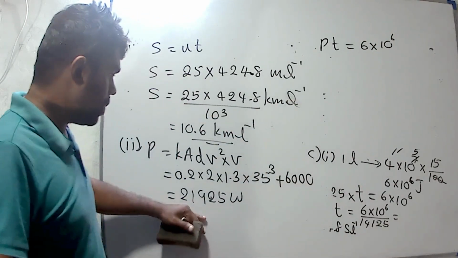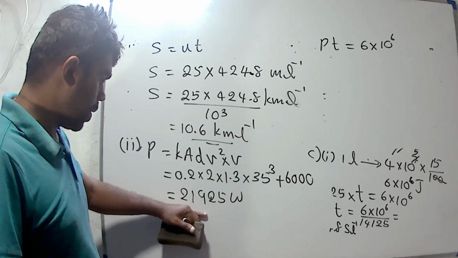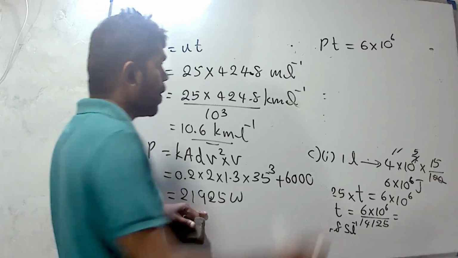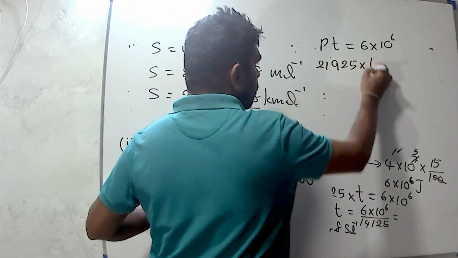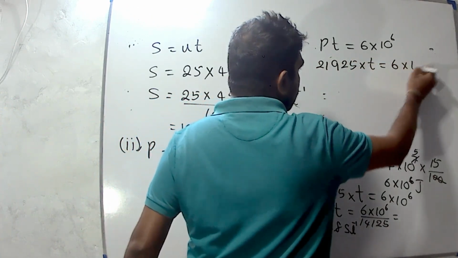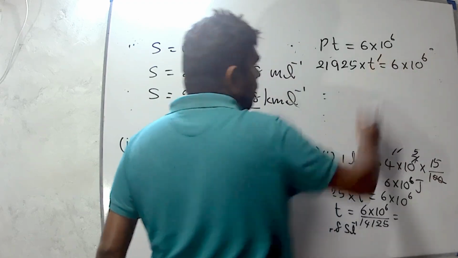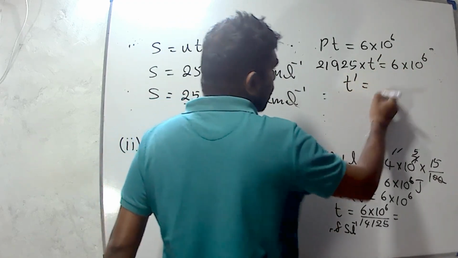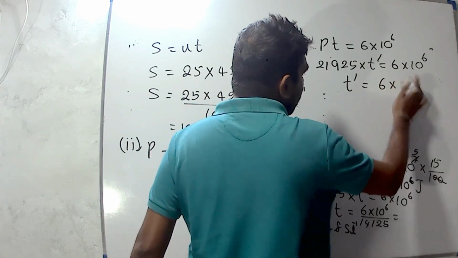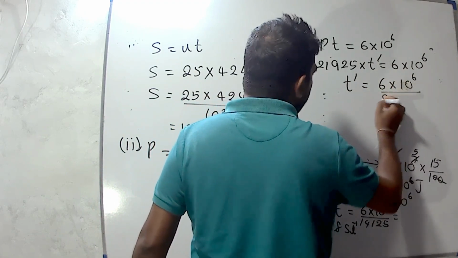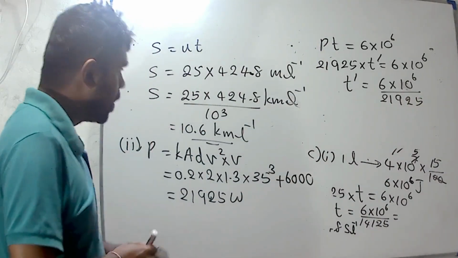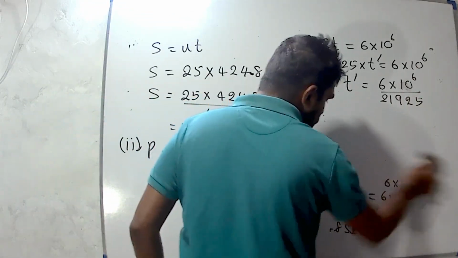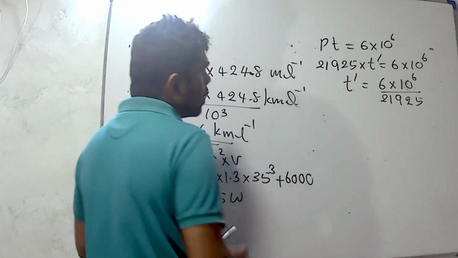Now power is 21,925 into time equals 6 into 10 to the power 6. I will consider the new time as t dash. Then we can find t dash as 6 into 10 to the power 6 divided by 21,925. And now I will use s equals ut to find the distance traveled by the vehicle.